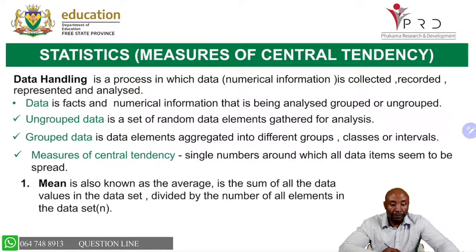We have a mean. It's one of the measures of central tendency. It is also known as the average, where we sum up all data items and we divide them by the number of elements in the data set, which we call n. And we use the formula x bar is equal to the sum of all data items divided by n.